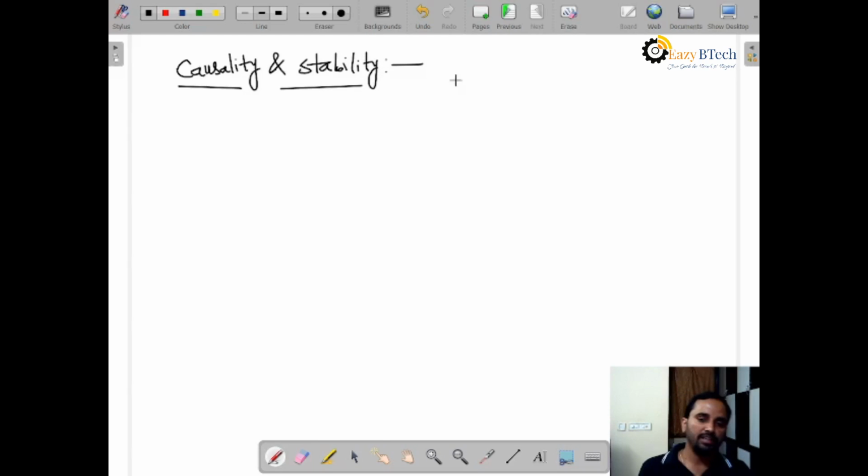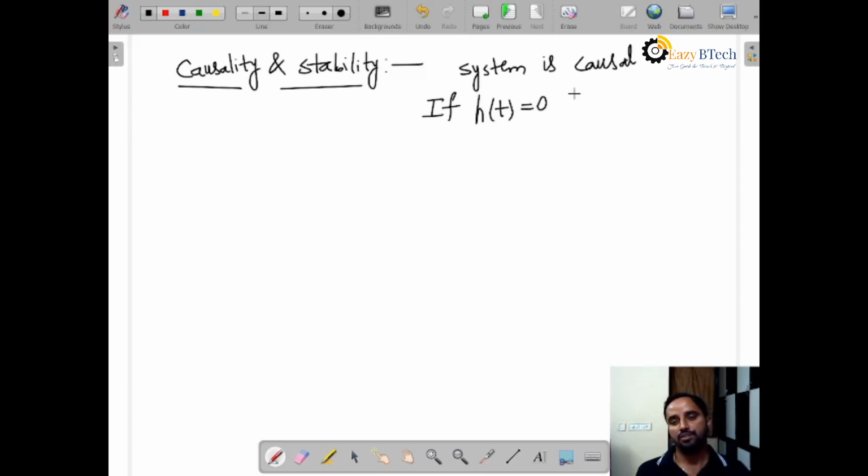For causality, the condition is that a continuous time system is causal if its impulse response, that is h of t, is equal to 0 for t less than 0.